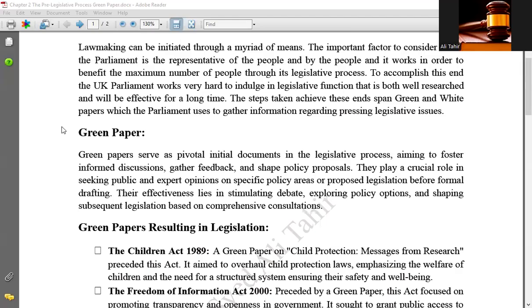The Green Paper serves as a pivotal initial document in the legislative process. The aim of Green Papers is to actually gather the following. First of all, it will initiate, spark, or actually benefit from discussions that are already taking place.